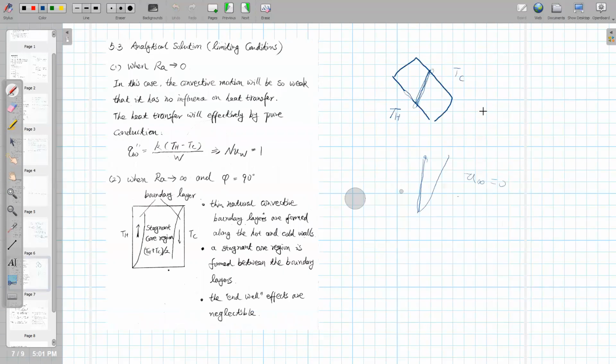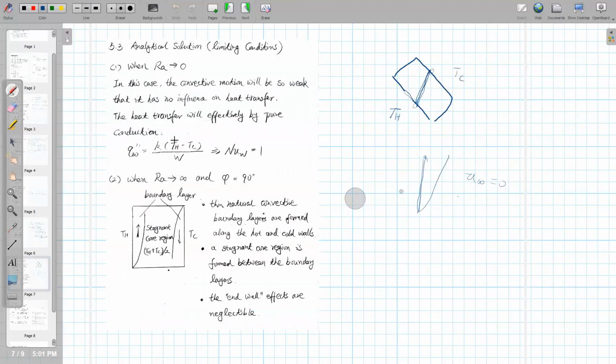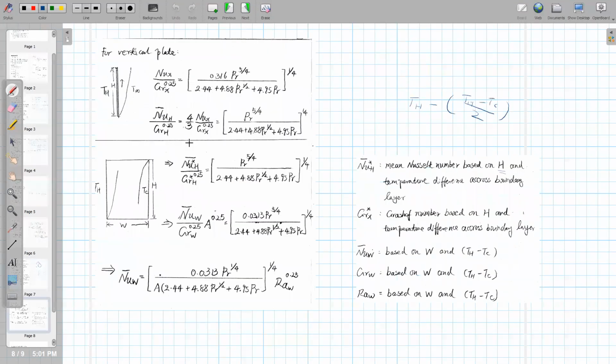But remember that when we defined the Nusselt number previously, we used TH minus TC as the temperature difference, not TH minus (TH + TC)/2. That's the reason we have a star here. Similar thing for the Grashof number: this starred value is defined by h and by this temperature difference rather than TH minus TC.